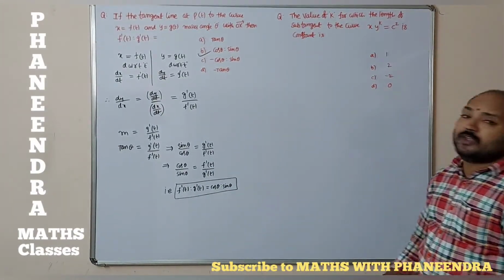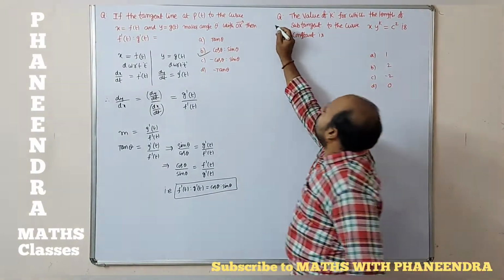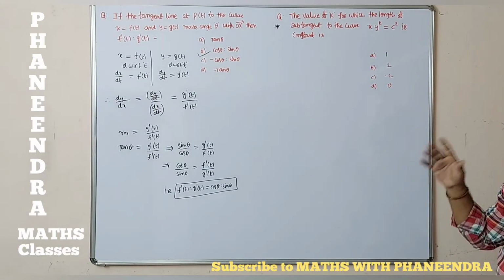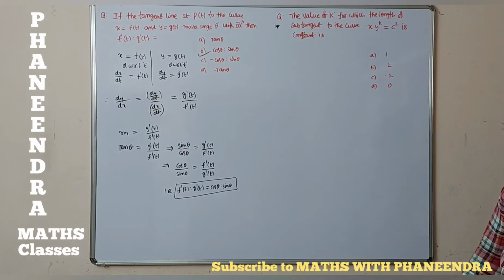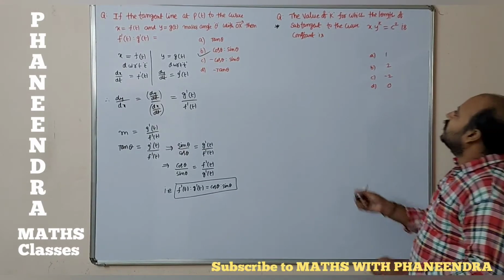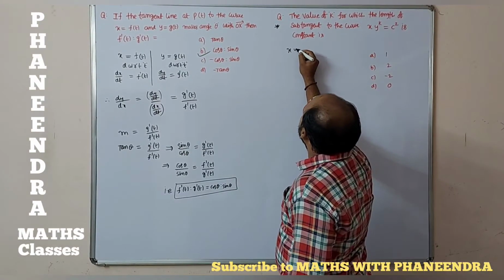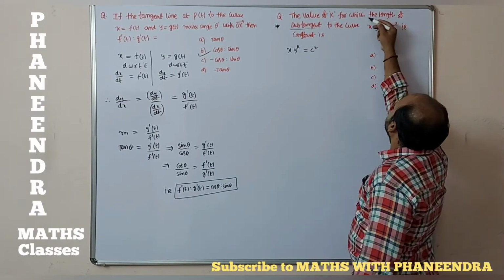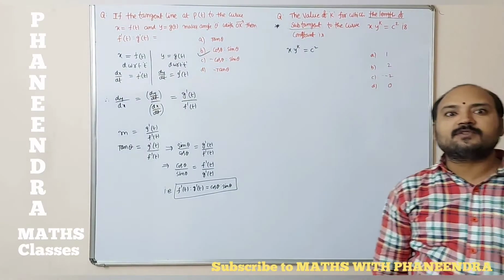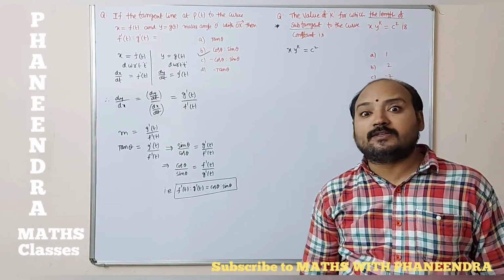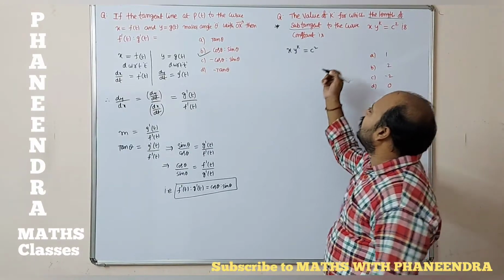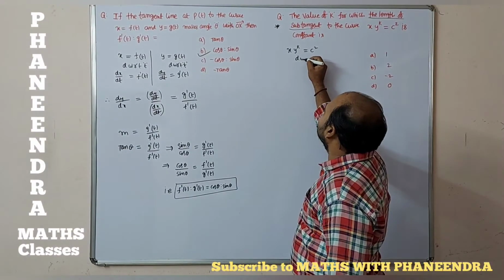We will move on to the next question. This type of question is important. The value of k for which the length of subtangent to the curve x into y power k equal to c square. So x into y power k is equal to c square. What is the formula for length of subtangent? LST is mod y by y1. Before that we can calculate y1. Differentiate with respect to x.